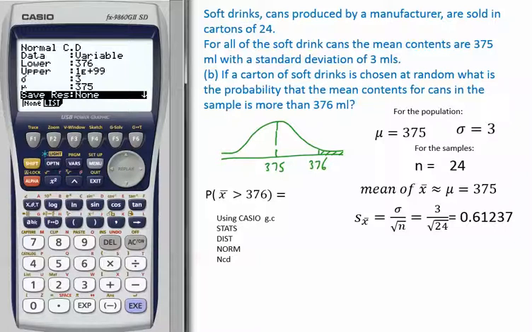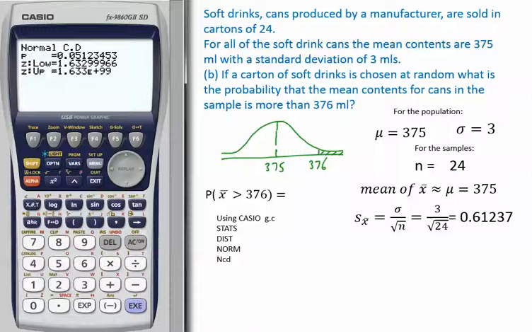But now, because we're dealing with the sample means, the standard deviation that we need to put in here now is 0.61237. The mean of the sample means is 375, so we leave it at that.